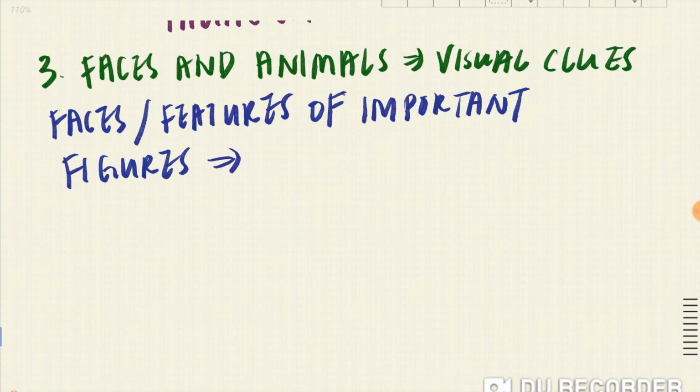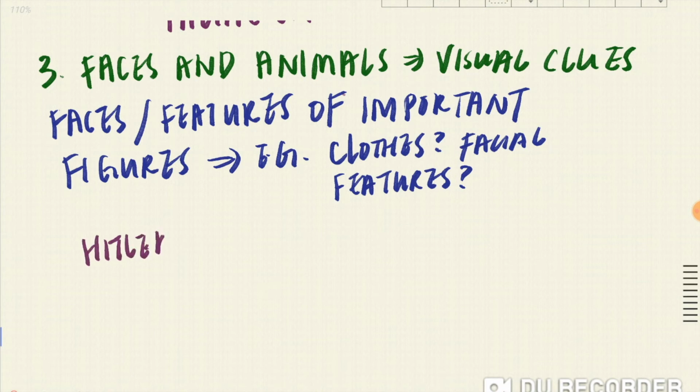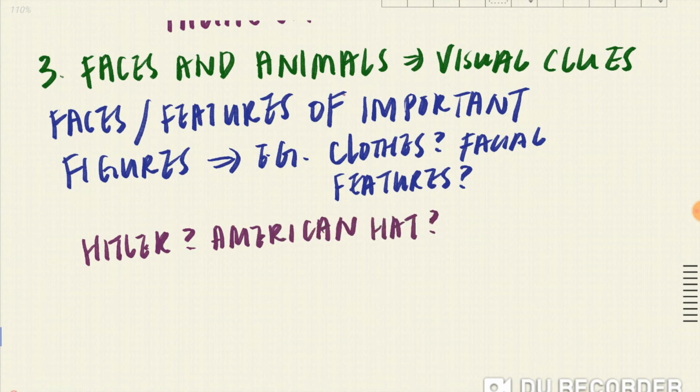For example, the clothes they are wearing and the facial features of the characters usually symbolize certain countries. For example, Hitler's symbolic mustache, and American characters usually wear American hats or stars and stripes, etc.